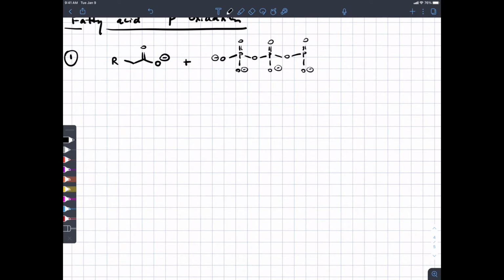Gonna get sick of drawing ATP before the end. Can we just do that for adenine? Is that okay? Yeah. All right. Again, you've got alpha, beta, and gamma phosphates. In this reaction, you'll have magnesium here as the counter ion.